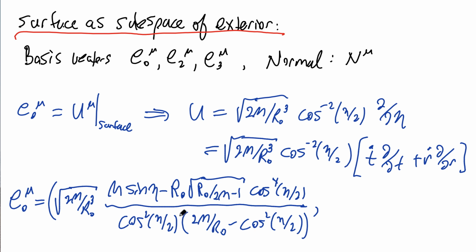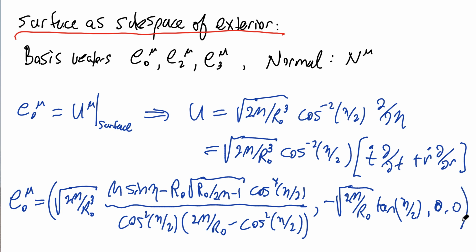So that's the t component. The r component is minus square root of 2m over r naught times the tangent of eta over 2. And the theta and phi components are both 0.